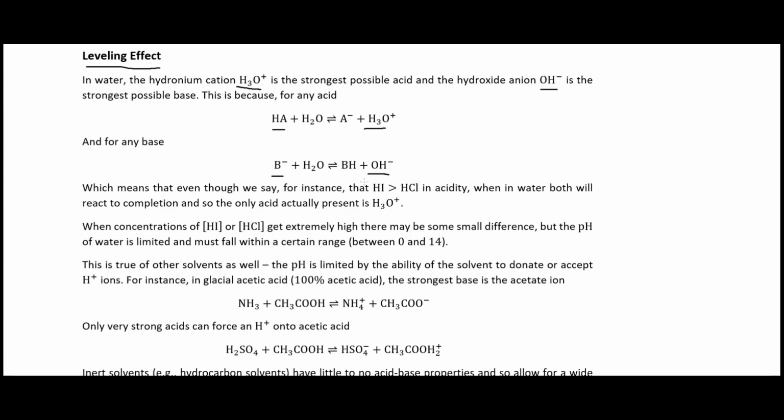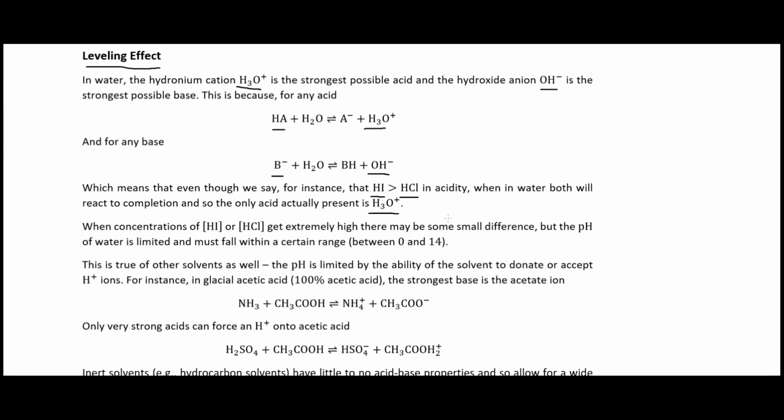And so even though we say that the hydroiodic acid is a stronger acid than the hydrochloric acid, or HI is a stronger acid than HCl, in water they both just react to completion and form this hydronium ion.